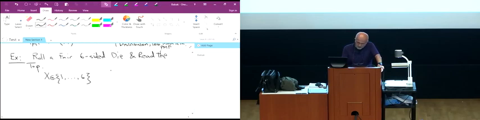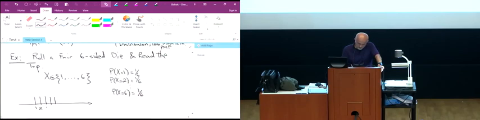And what's the probability that X is a 1? 1/6. And X is a 2? 1/6. And this is true all the way to X equals 6, which is 1/6. So if I were to draw the probability law or the probability mass function for this, I would just draw a bunch of lollipops from 1, 2, 3, 4, 5, 6.